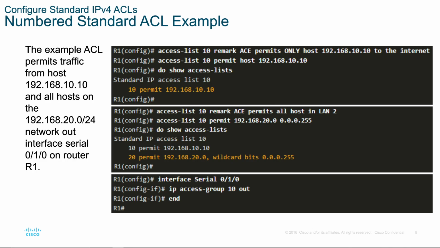IP access group 10 out, so it's an outbound on the serial interface. Now, only a word of caution here, you don't need to do the show access list command like they've shown it here. Normally you would just put all your commands one after the other, exit and then apply.